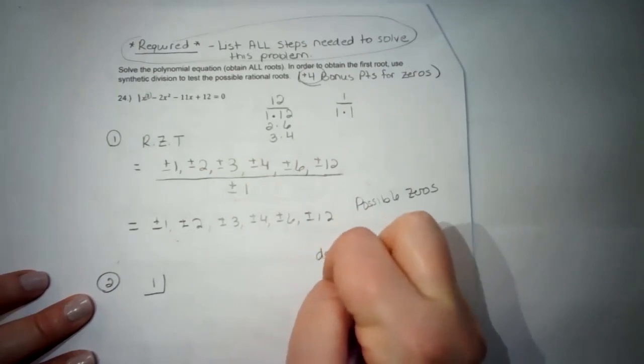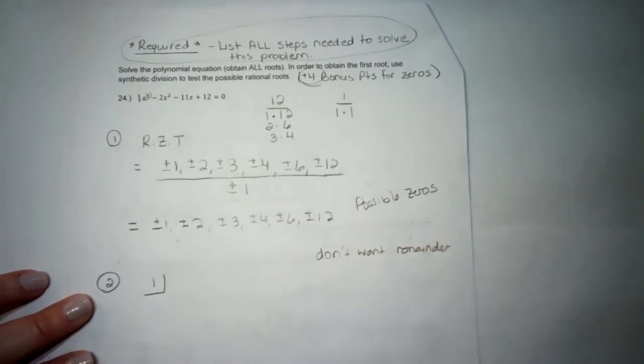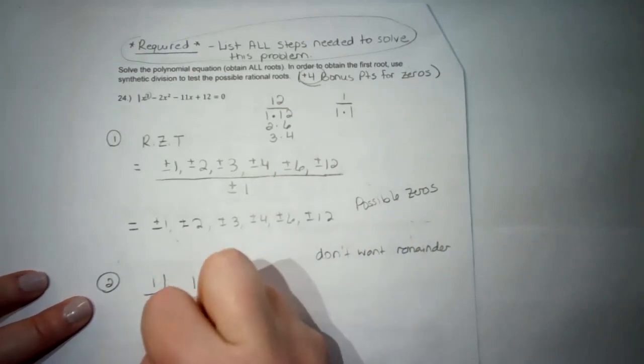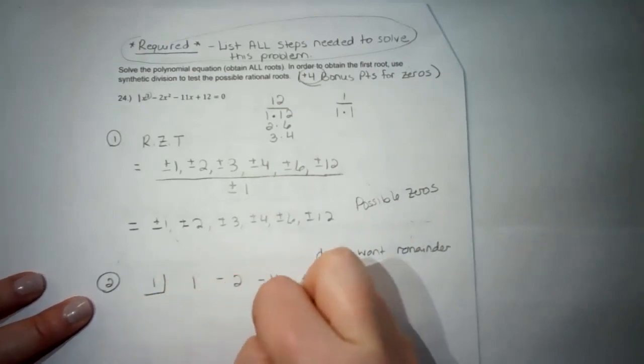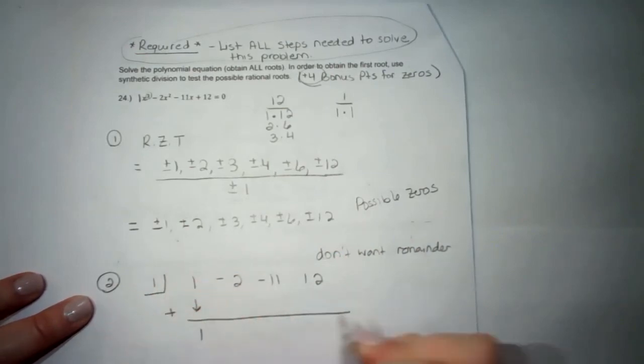We have to write out 1, -2, -11, and 12. Yes, we want our coefficients, and we're going to test it. We don't want a remainder.